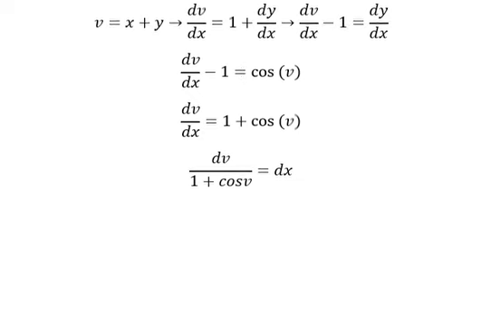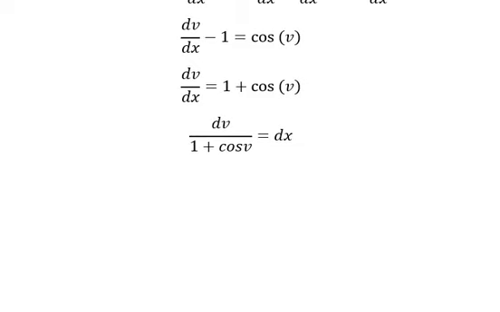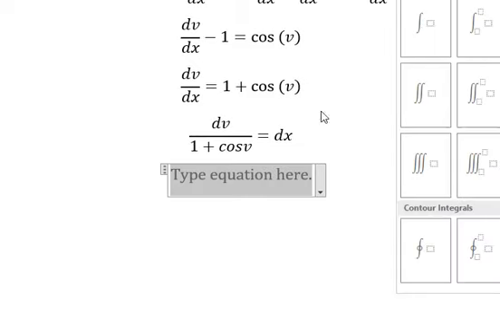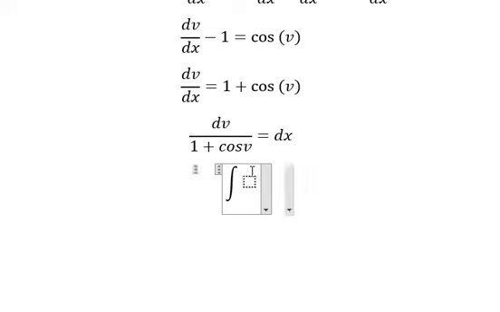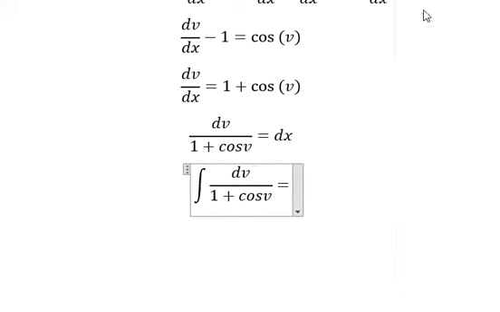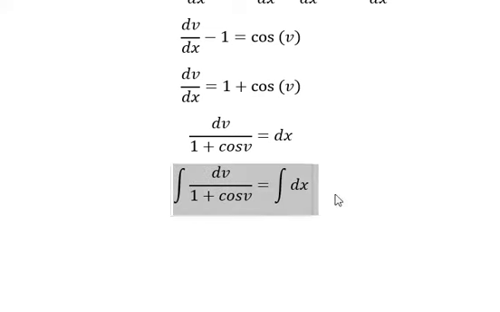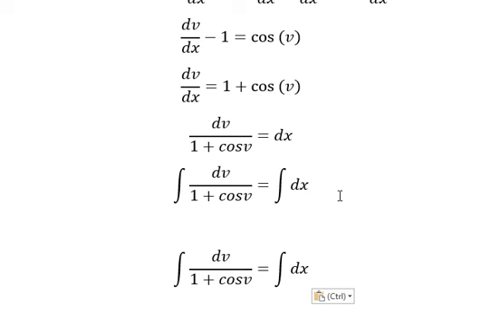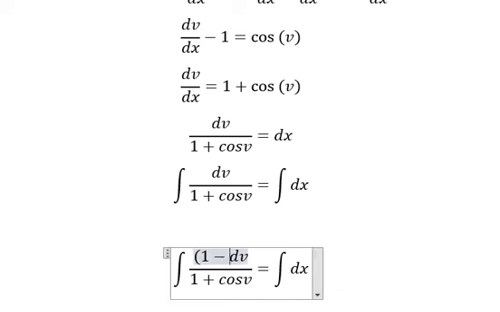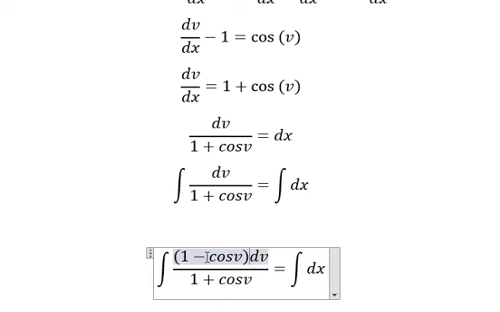Next, I will put the integration for both sides. Next, we multiply by 1 minus cosine v on numerator and denominator.